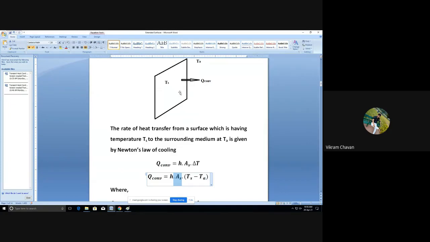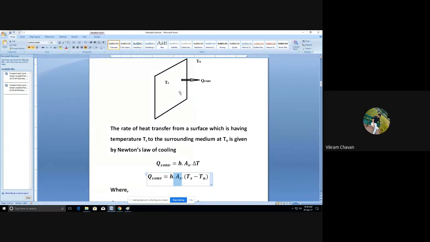If that attached surface material has higher thermal conductivity, then the convective heat transfer rate will get enhanced.